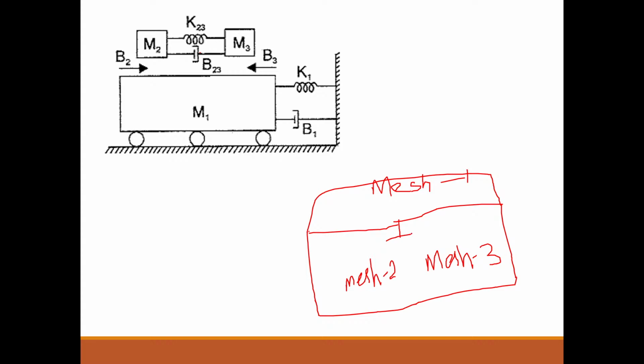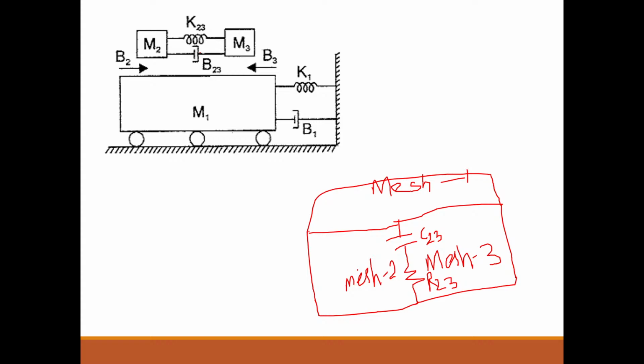There is a capacitor 1 by C23. Since it is mentioned 1 by C23, the capacitor will be in series with another element. Two elements are there, resistor and capacitor. This is C23 and this resistance is R23. I hope you have understood.